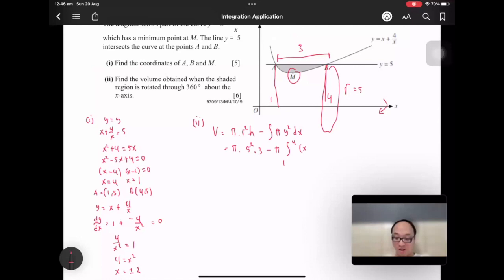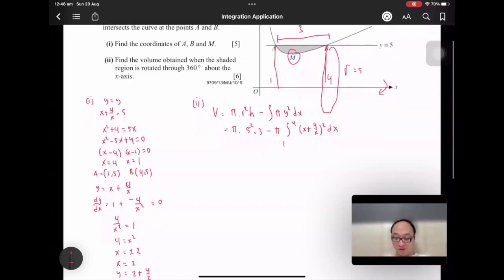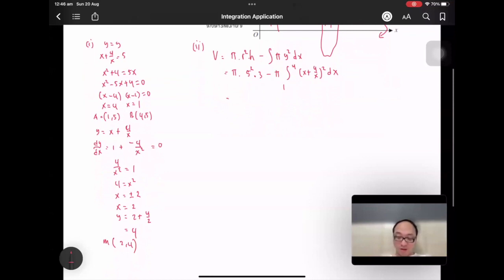So this is x plus 4 over x, squared. So we have to expand. So this will be 75 pi minus pi integral 1 to 4 of x squared plus 8 plus 16 over x squared dx.